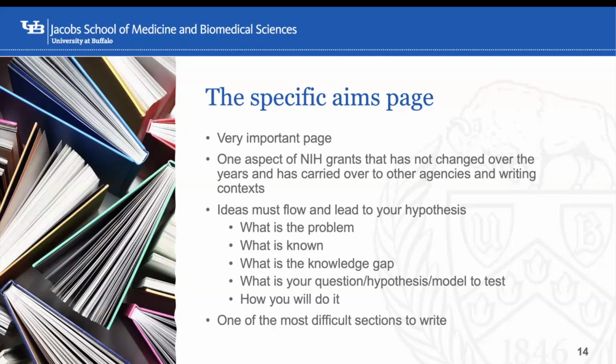So as soon as you have an aims page, get people to read it. Get experts, get non-experts, get even non-scientists. The more people that read it, the more feedback you're going to have. Especially people that are not experts are going to give you feedback on how they're reading it, how they're understanding it, whether it flows, whether it makes sense to them, and what things are not clear.